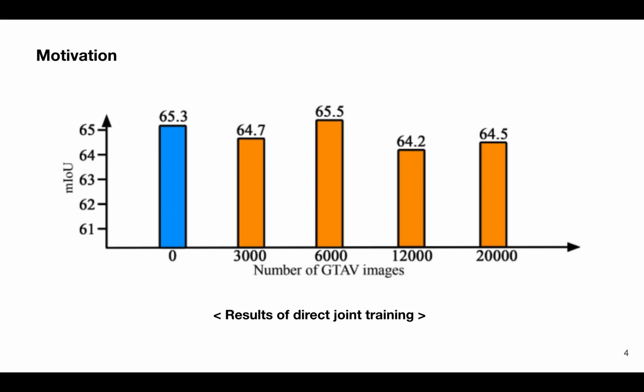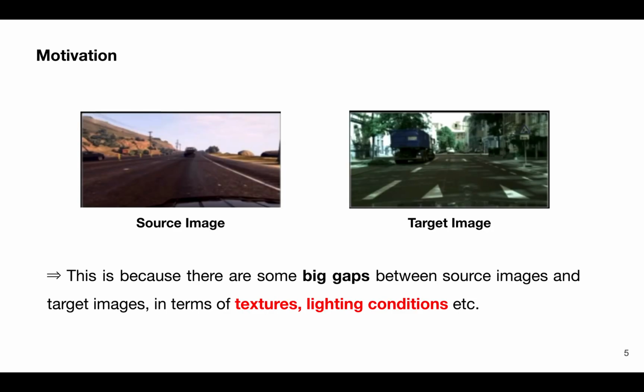So they try joint learning with source images and target images together. But when they apply joint training directly, the results show that the accuracy doesn't increase even when they increase the number of trained images for learning. This is because there is a big gap between source images and target images.